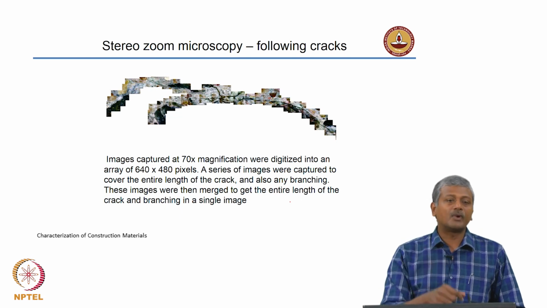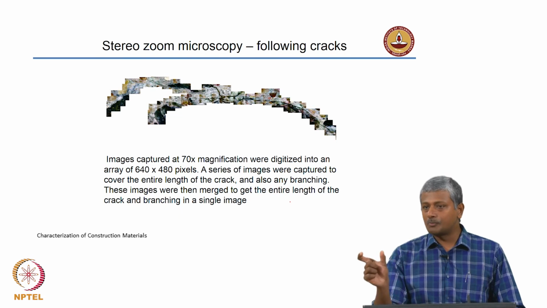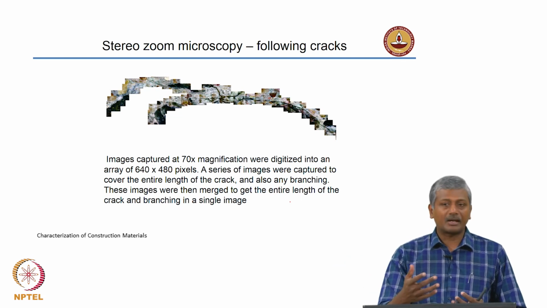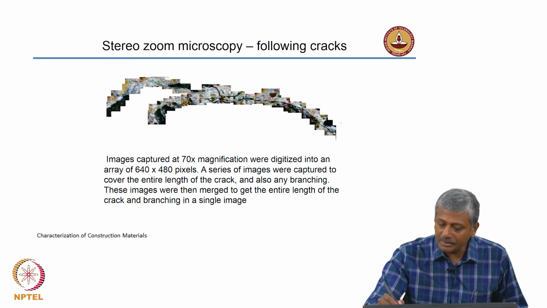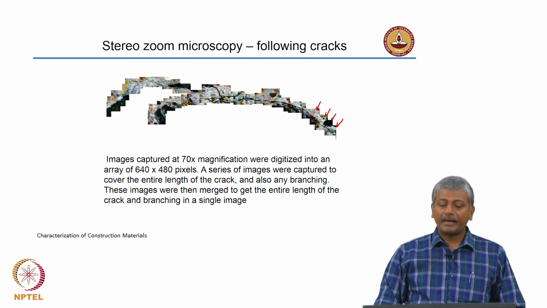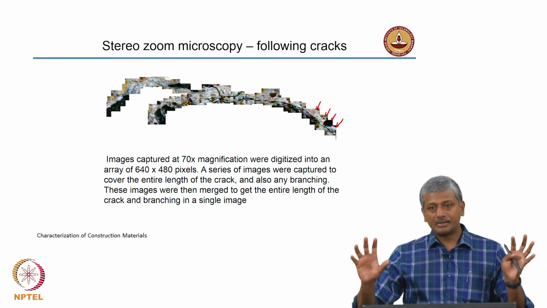Nevertheless, if you have to extract parameters from this imaging exercise, such as the crack length for instance, you can't just work on one image, because each image is taken only over a small area. You need to take it over a very long part of your sample to study how these crack lengths are actually developing. So, in this case, each image was separately taken, and using the image analysis software, these images were then stitched together.